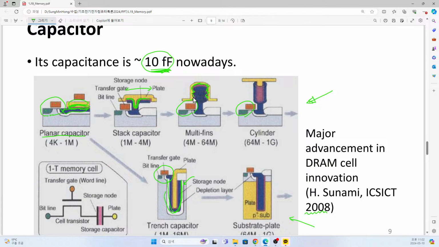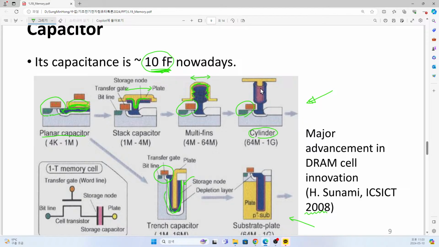Yes, so still we have a relatively small footprint, but we can integrate more and more capacitive component into this cell. And eventually it has evolved to the cylindrical one.